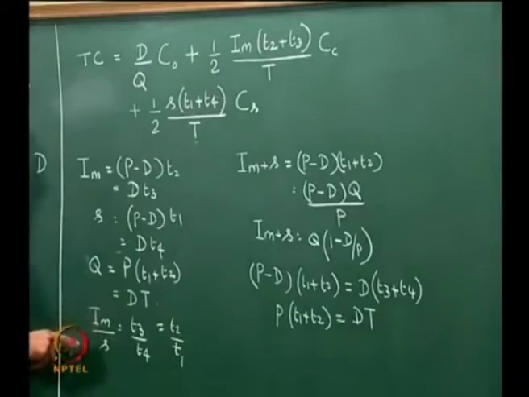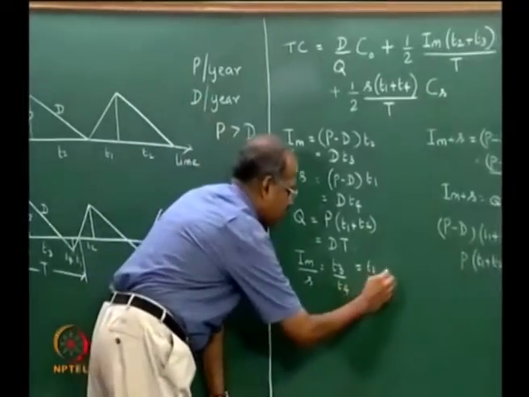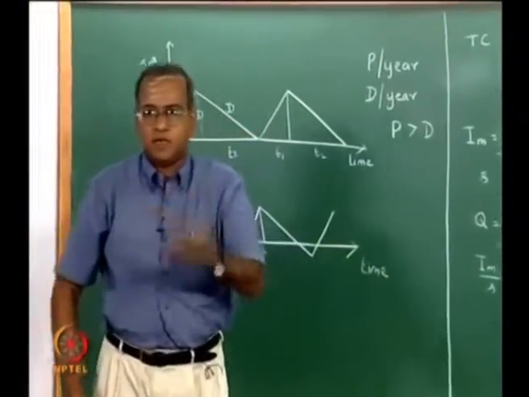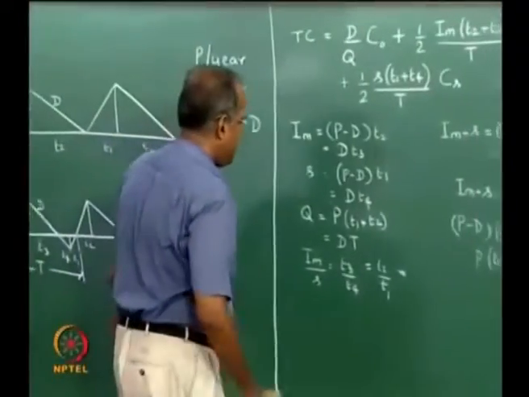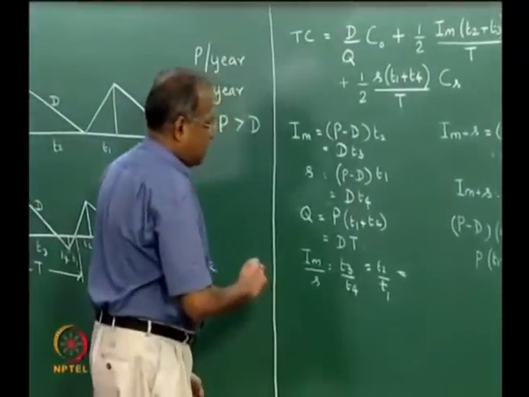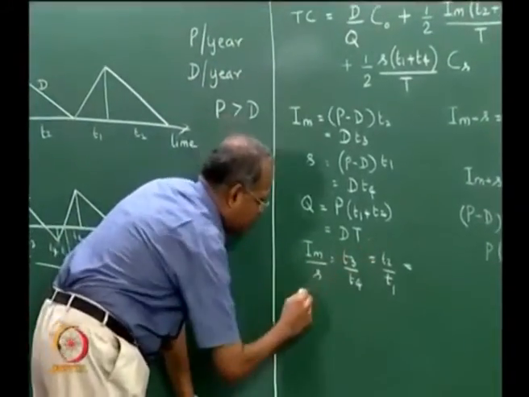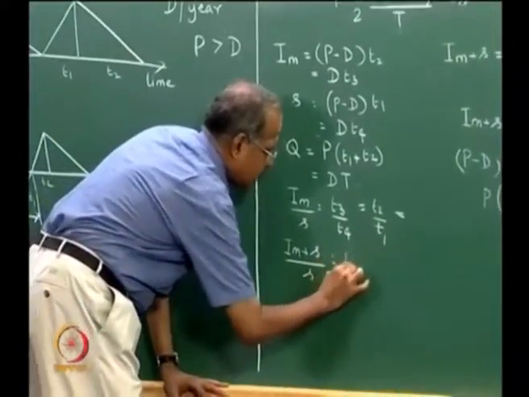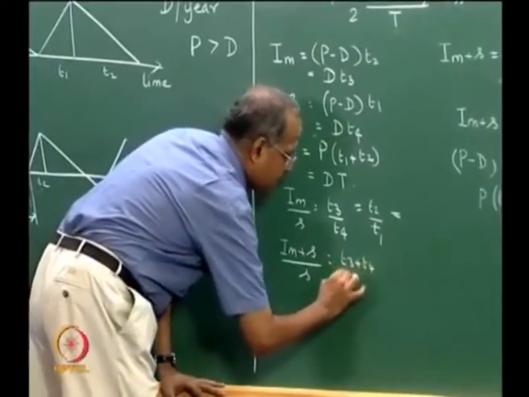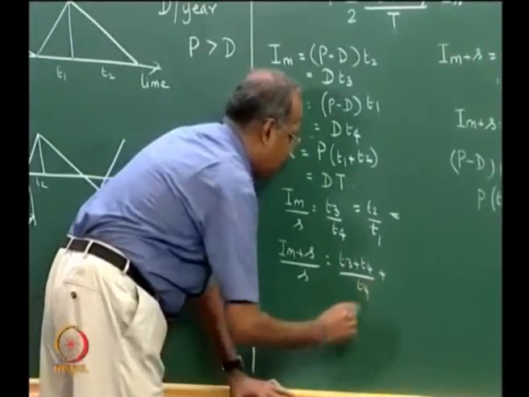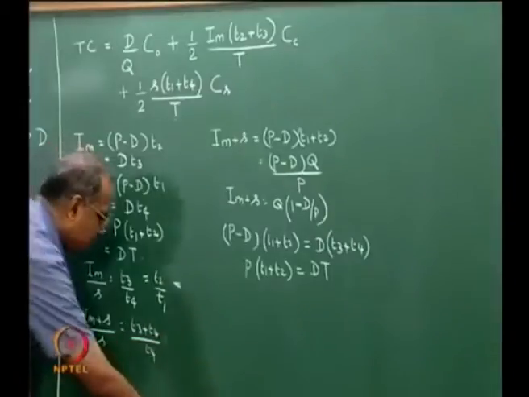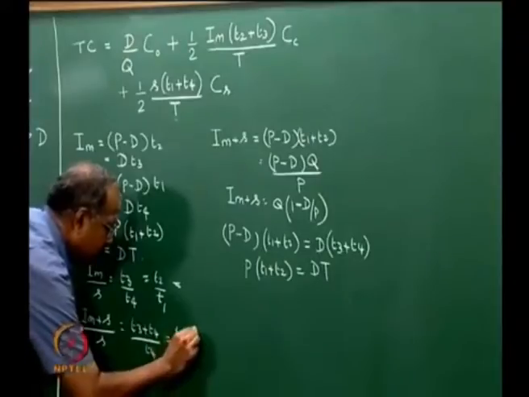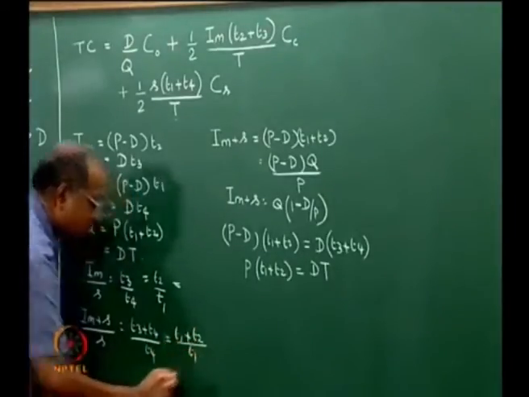From this we can also write another thing. If A by B is equal to C by D, each is equal to (A plus C) by (B plus D). We can also do one more thing here, which is Im plus S, add 1 to everything. So, (Im plus S) by S is equal to (T3 plus T4) by T4, which is equal to (T1 plus T2) by T1.